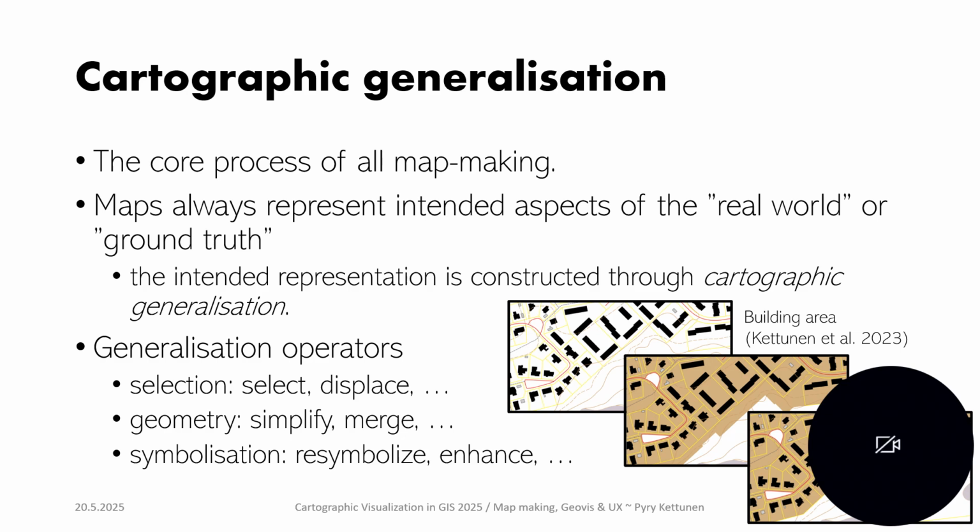Enhancement, meaning, for example, growing a symbol to make it more visible, coloring it differently. This is one topic of its own in cartography and quite much studied because it is so essential to map making and getting maps to communicate the actual content and the actual purpose that is sought for.